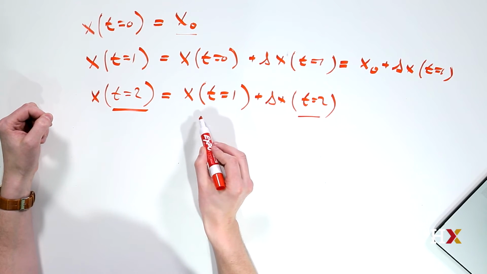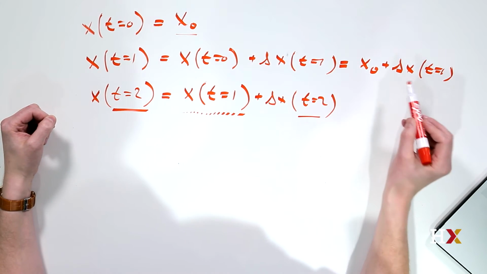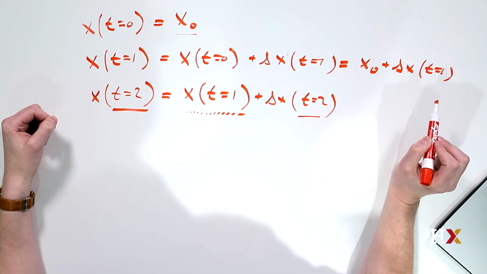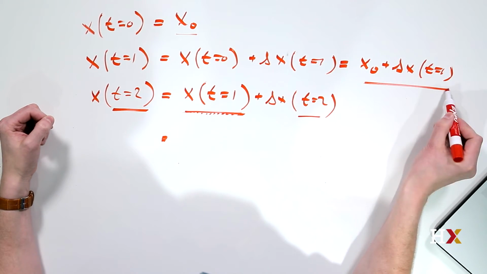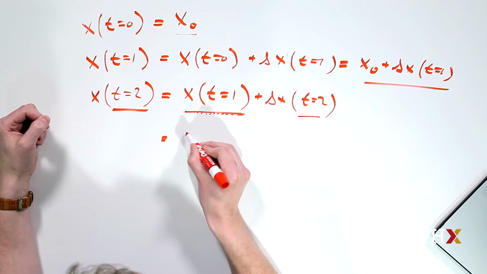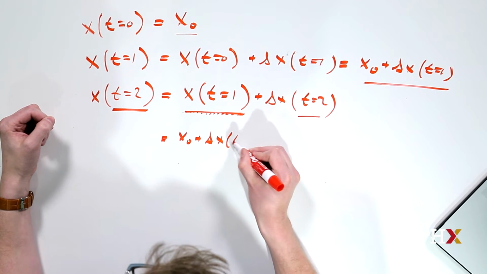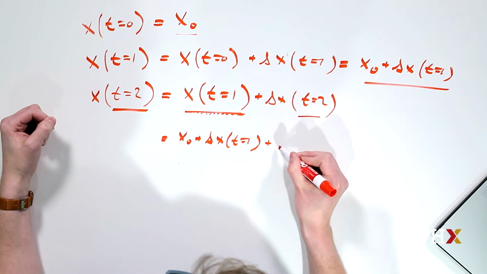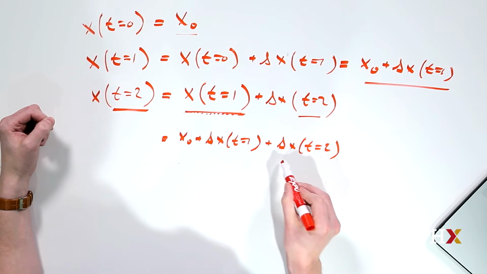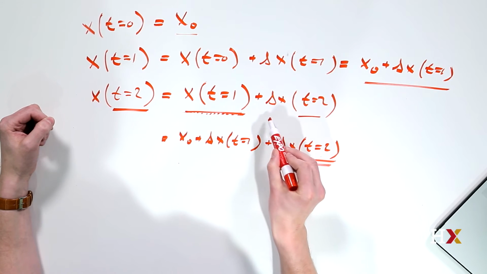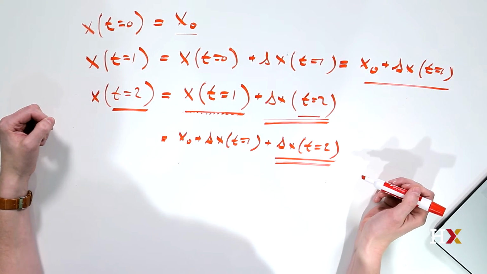From what we have above, we see that we have the location at time t equal to 1 here, which we know to be equal to this term over here. What that means, I can now rewrite this part as this expression here. So we have x naught plus delta x at time t equal to 1 plus delta x at t equal to 2. This term over here is just the same term that we had above. All we've done is copy that term over here.